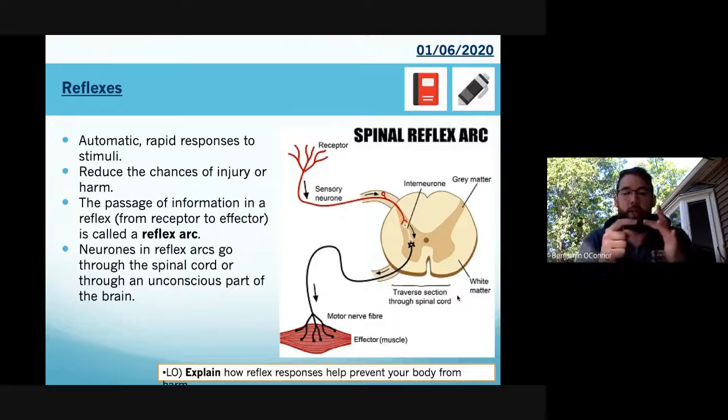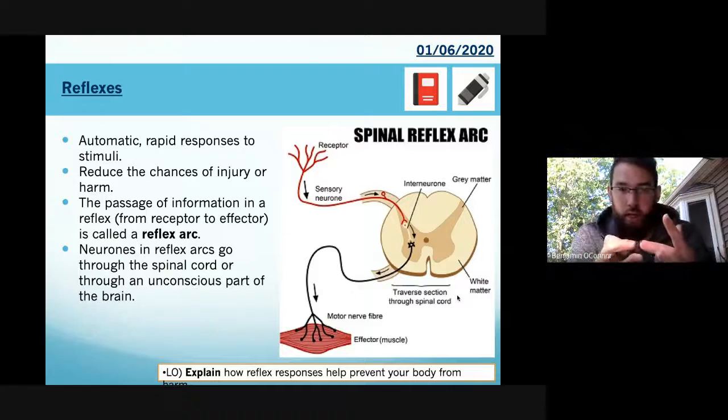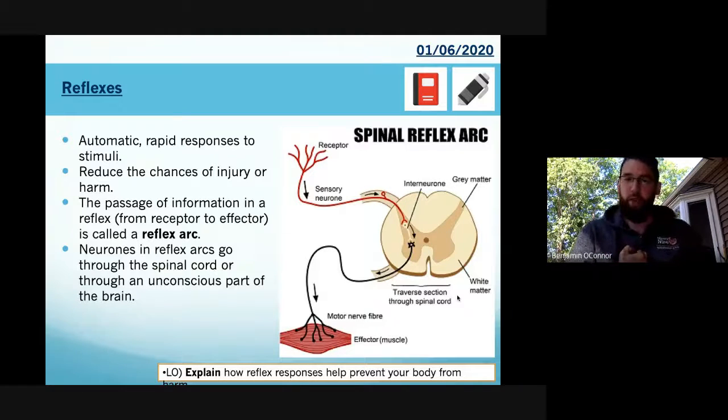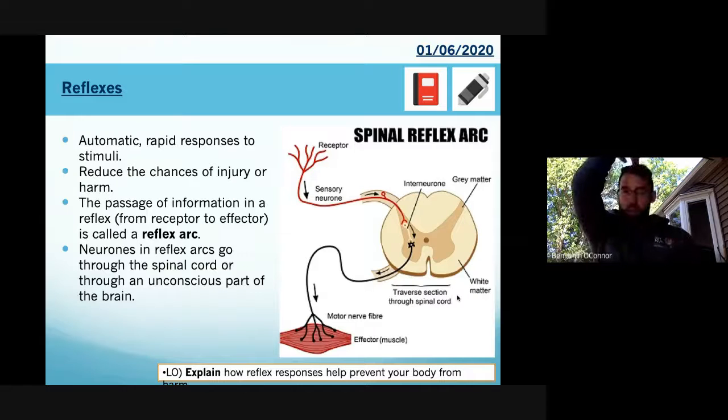So as I'm touching the end of my finger right now, I am having that sensation of touch travel from my finger to my hand, to my wrist, to my forearm, to my bicep, to my shoulder, to probably the middle vertebrae of my thoracic cavity, and then it goes up to my brain. And then my brain sends a signal back to my finger, notifying it that it's having a sensation of being touched.